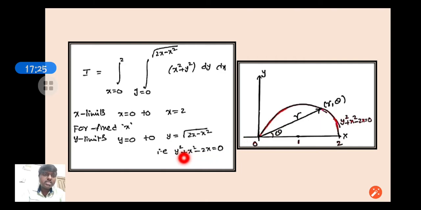The circle is x square plus y square minus 2x equal to 0. It represents a circle with the center at (1, 0). Why? Because the general equation of a circle is x square plus y square plus 2gx plus 2fy plus c equal to 0. By comparing with the general equation, the center is (minus g, minus f). So by comparing, you get the center at (1, 0) and the radius is 1 unit.